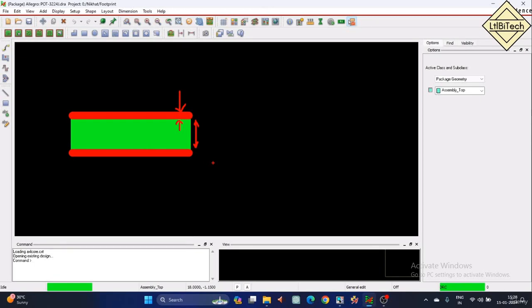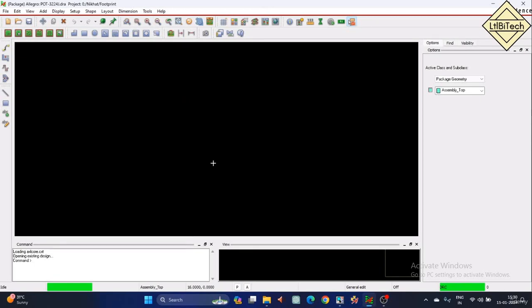The first thing we will discuss is the copper thickness. The standard table I'll share along with this class document as a resource, where you will get all the copper thickness related information, along with the prepreg as well as the core thickness.